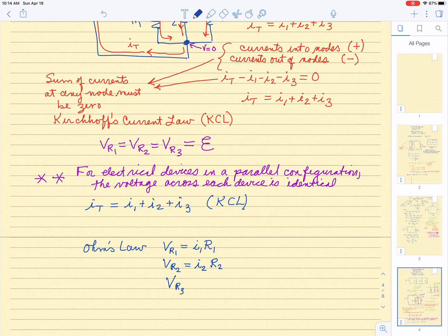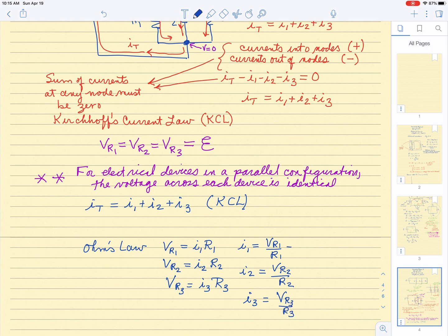And the voltage across R3 is going to be equal to the current going through R3 times R3. In which case now I1 is equal to VR1 over R1, I2 is equal to VR2 over R2, and I3 is going to be VR3 over R3.